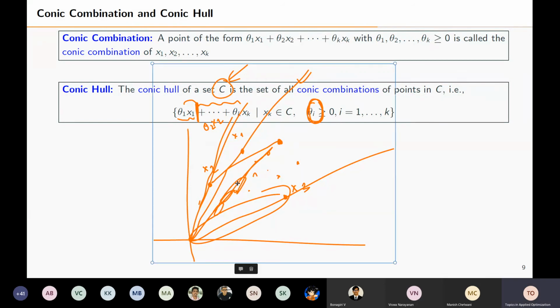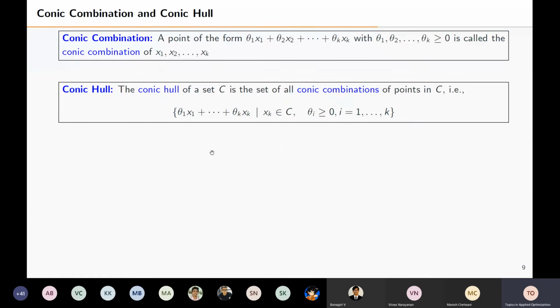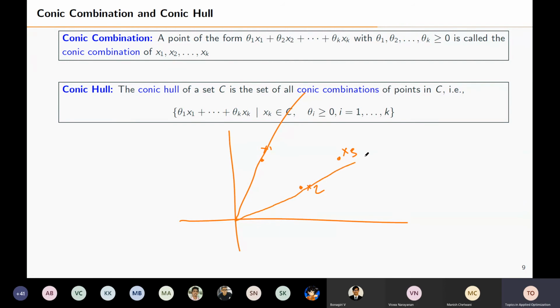So let me do this again, what I'm trying to say. We started with x1, x2, x3. I know for sure that the line passing through x1 will be there, x2 will be there, x3 will be there. But what I'm claiming is that any other point inside the boundary will also be generated. Let us say our outermost boundary was this, and x2 is here.